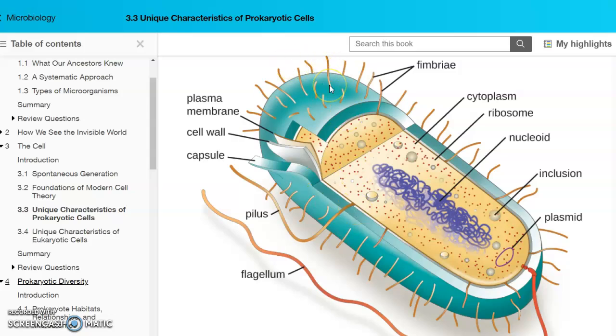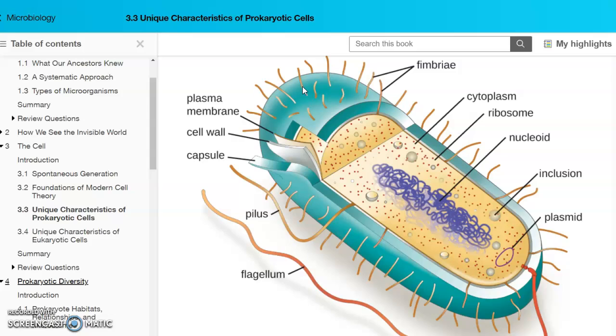Then we have these other structures. We have fimbriae, we have a pilus here, we have a flagellum here. Fimbriae tend to be shorter projections, often allowing the cell to attach to other cells or attach to surfaces.